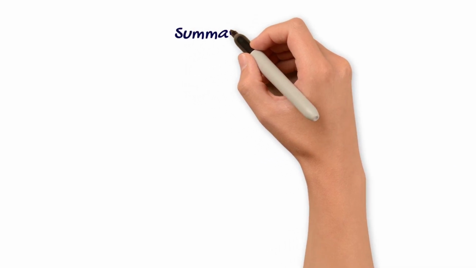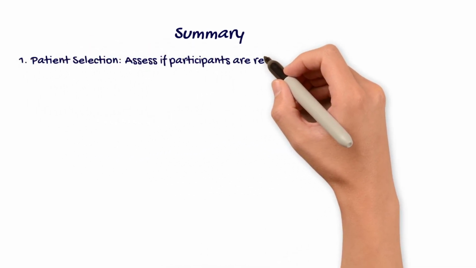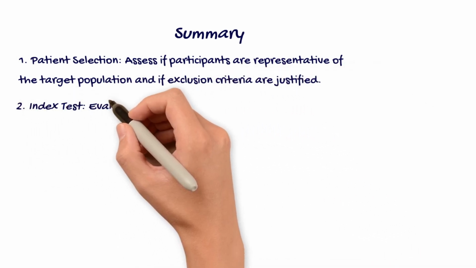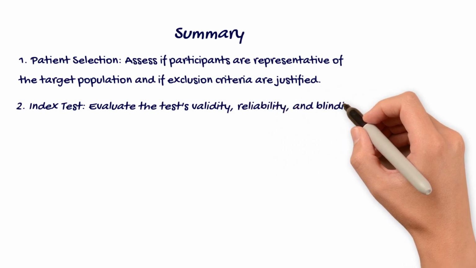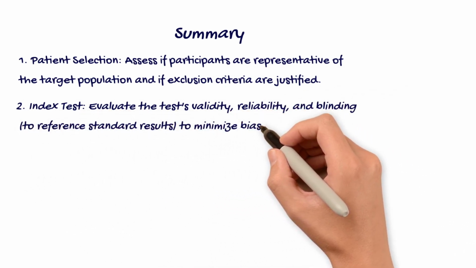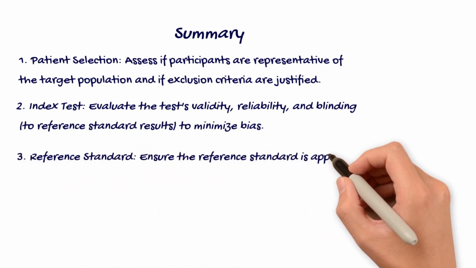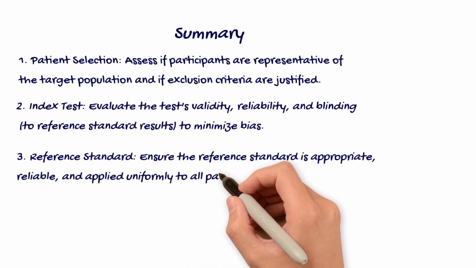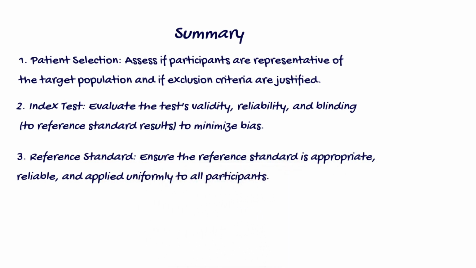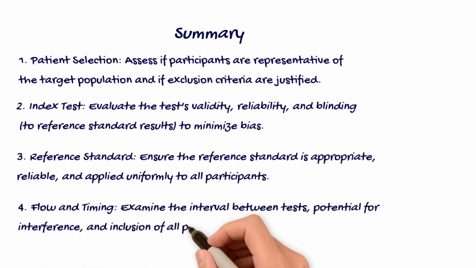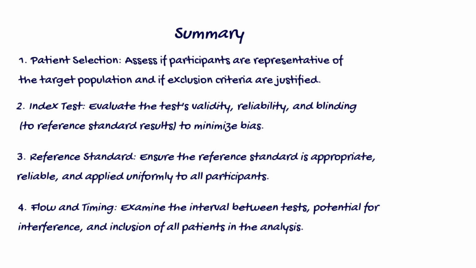In summary, when we appraise a diagnostic accuracy study, we consider 4 aspects: patient selection, if participants are representative of a larger target population; index test, if the interpretation of the index test was done without knowledge of the reference standard; reference standard, if the reference standard is a valid and reliable examination for the condition of interest; flow and timing, if there was an appropriate interval between the tests.